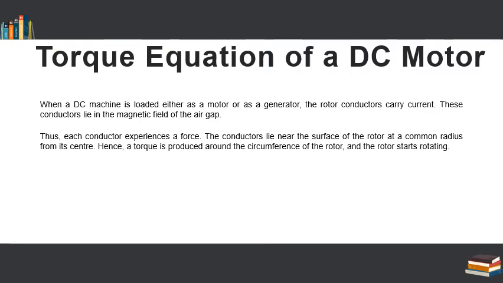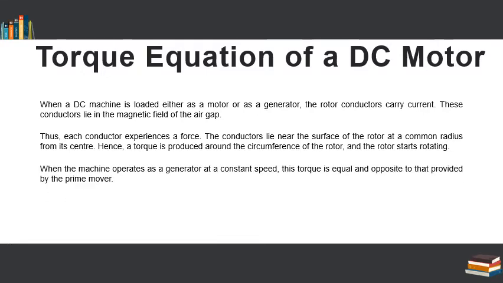Thus, each conductor experiences a force. The conductors lie near the surface of the rotor at a common radius from its center. Hence, a torque is produced around the circumference of the rotor, and the rotor starts rotating.